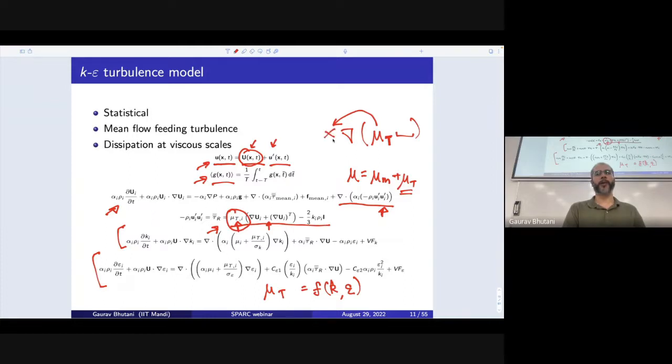It is not allowed because it has a gradient involved. So the gradient of turbulent viscosity is non-zero because it is changing in space. So one has to keep this in mind. And again, while choosing the models in Fluent tomorrow, I'll show you where we can decide this.